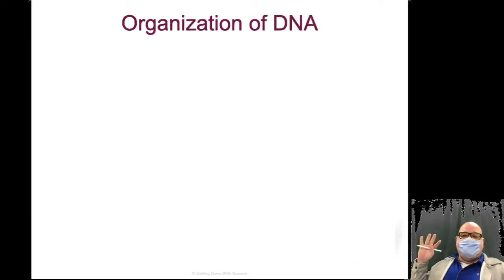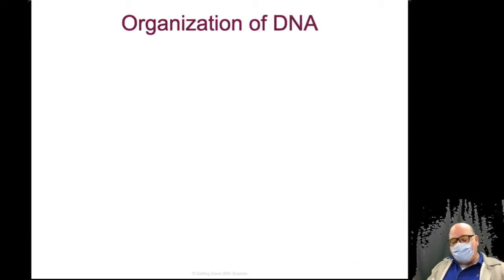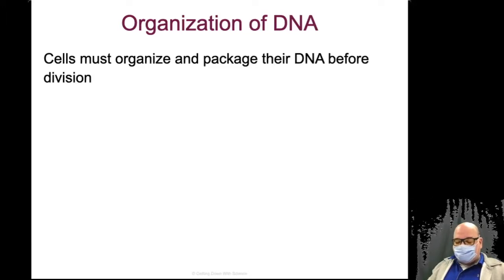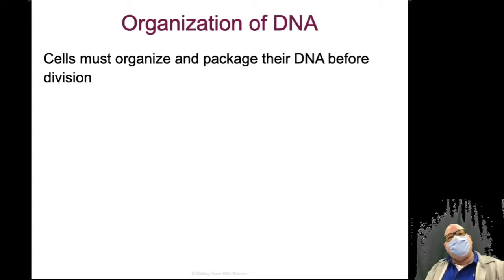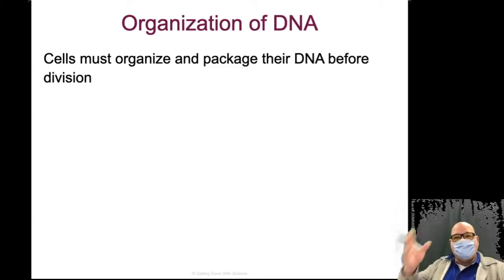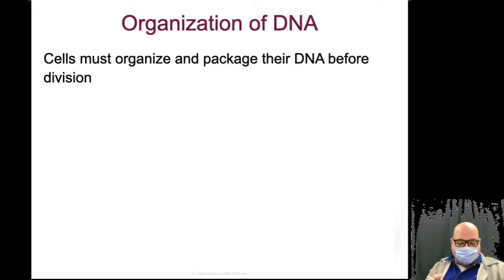Okay, before we go any deeper into this, we have to look at how DNA is organized, okay? All cells have to package and organize their DNA before division. This is almost like if you were going to move out of your parents' house, you have to pack stuff up before you create two households out of one.